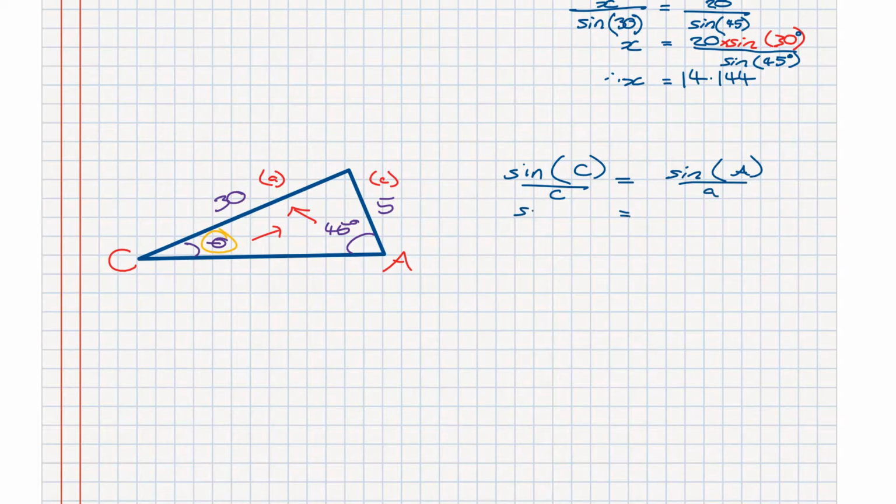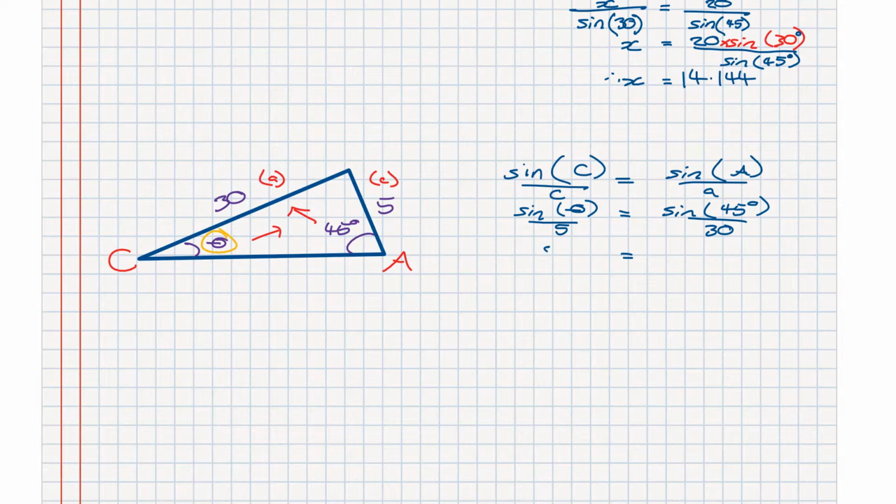Subbing in the values, sine of theta divided by 5 equals sine of 45 divided by 30.